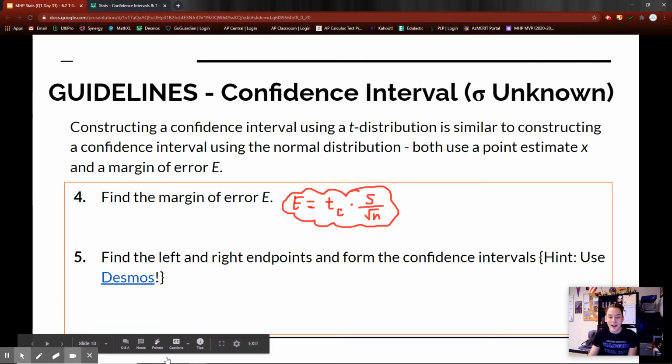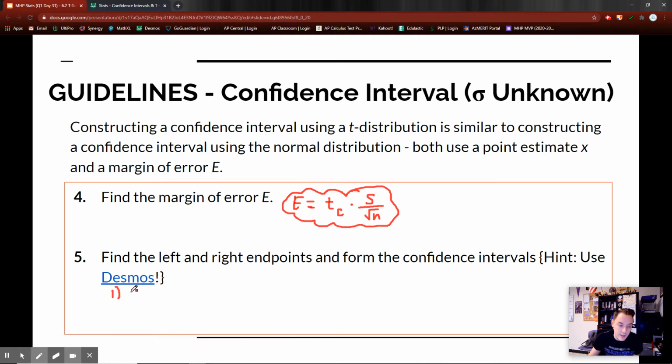Find the left and right endpoints and form the confidence interval. Of course, we're going to be using Desmos for the vast majority of problems. So just like before, I need to find my left endpoint. If I wanted to solve this by hand, my left endpoint would be my sample mean minus my margin of error. My second step would be finding my right endpoint, my sample mean plus my margin of error.